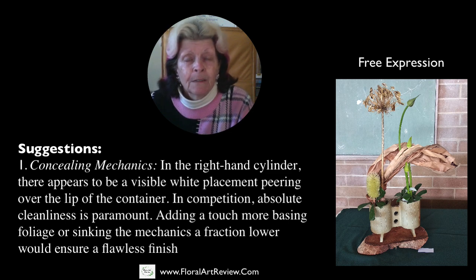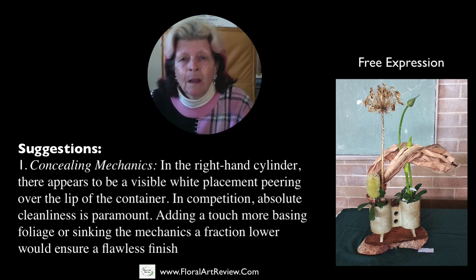Magnolia leaves are a great case in point because they're velvety brown on one side and glossy green on the other. The banksia leaves are similar, dark green on one side and that silvery grey on the underside.